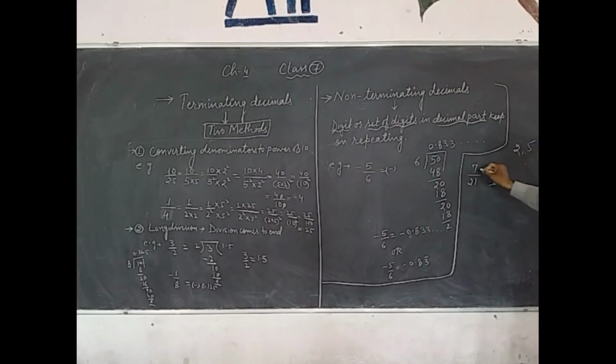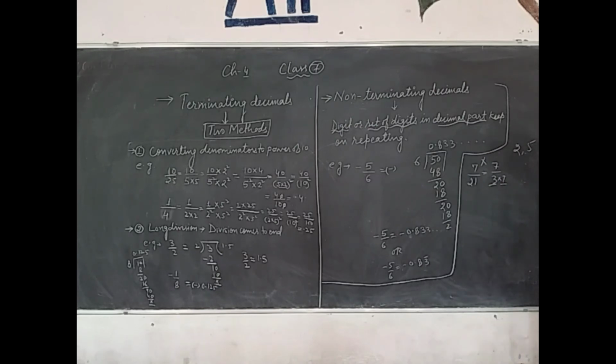Now you can see here in the prime factors, we are not getting 2 or 5. So directly you can say, while doing the prime factorization of the denominator, if you do not get the factor 2 or 5, then you can say it is non-terminating.